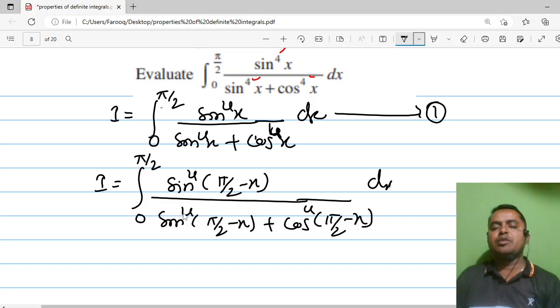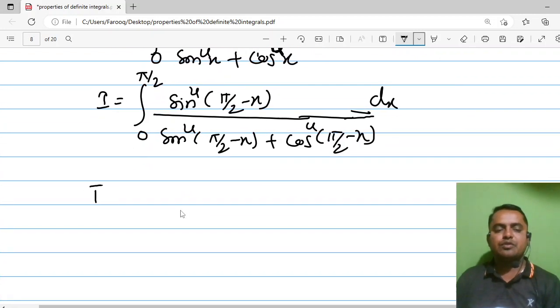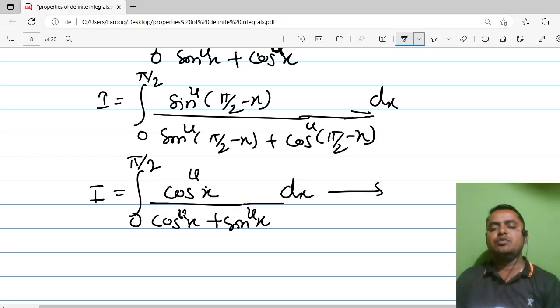After applying the property, applying the complementary angles of trigonometric functions, I is equal to the integral from 0 to 5 by 2 of sin changed to cos raised to 4x, divided by cos raised to 4x plus sin raised to 4x, dx, equation 2.